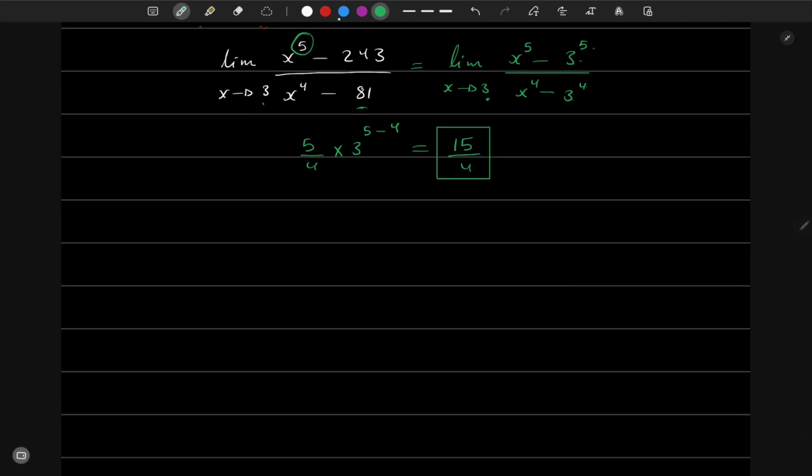What about trigonometric functions? For trigonometric functions, we have basic rules. The first of them is the limit of sine x when x approaches 0 equals 0.